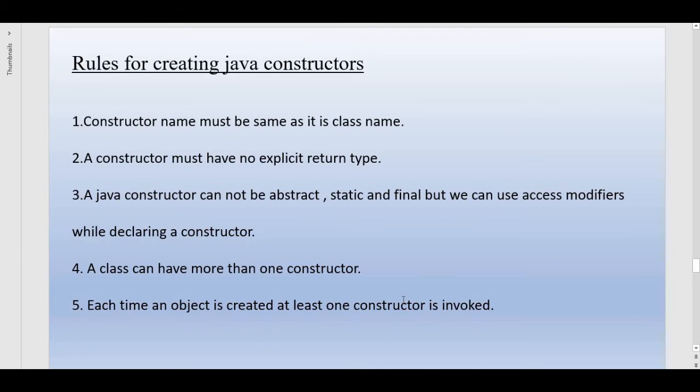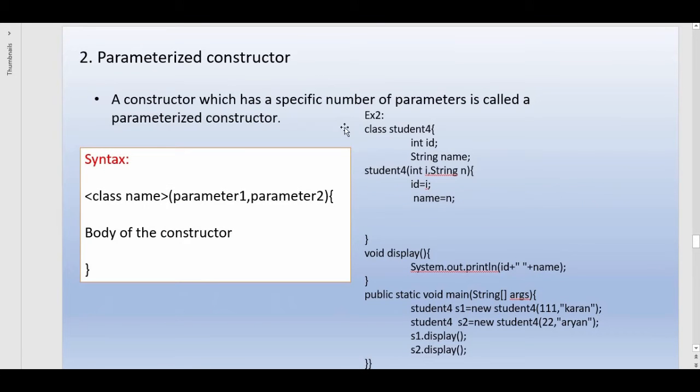Now we go to another topic, the rules for creating Java constructors. You can see that there are several rules. The constructor name must be the same as the class name. What is it? I'll go to the previous example now. You can see the class name is Student4 and the constructor name is Student4.